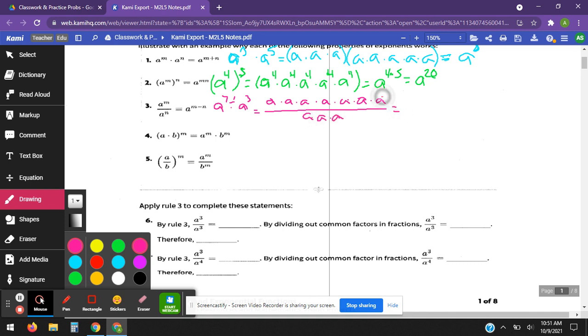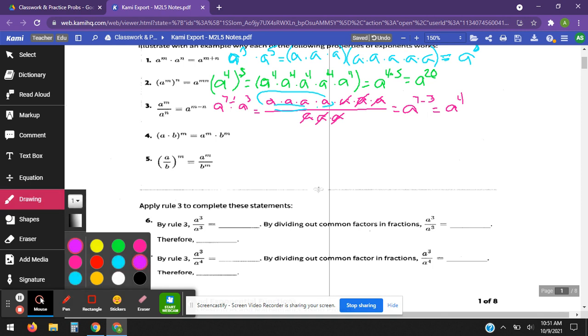And when we do those, they actually cancel each other out, right? So it's like I have 7 and I take away the 3 that are on the bottom. So that's a to the 4th. That's what's left.